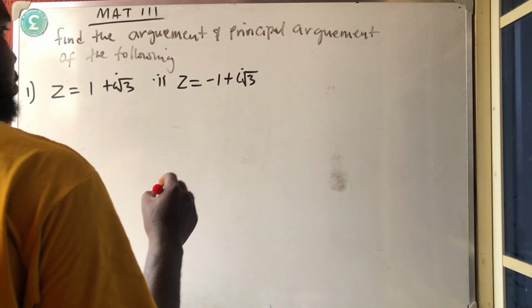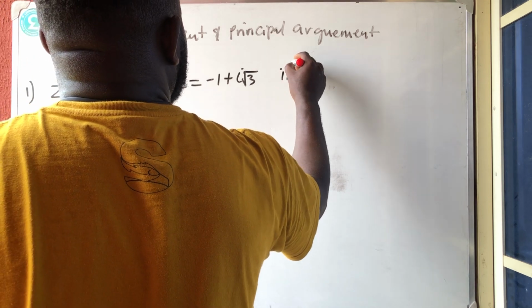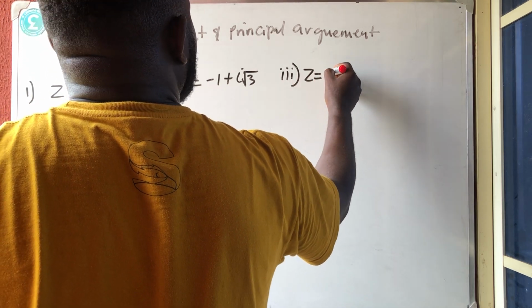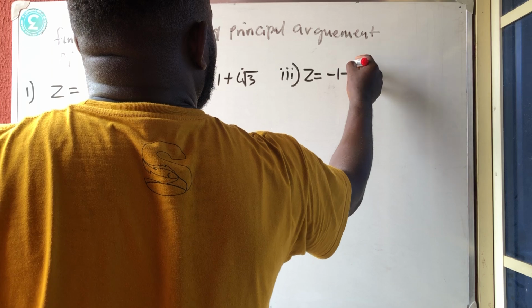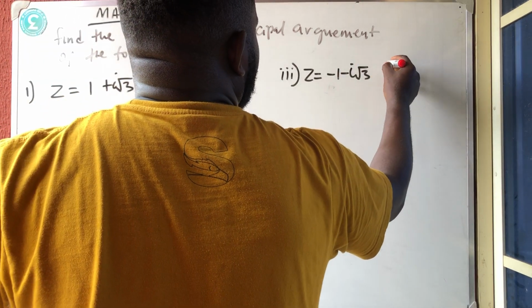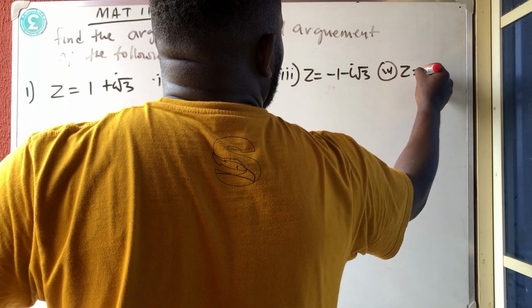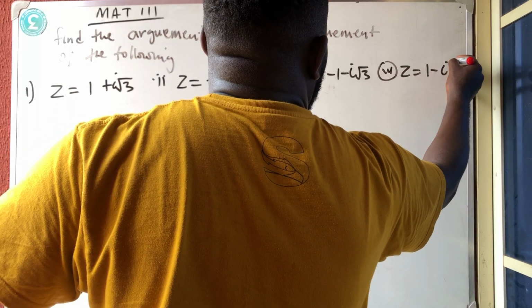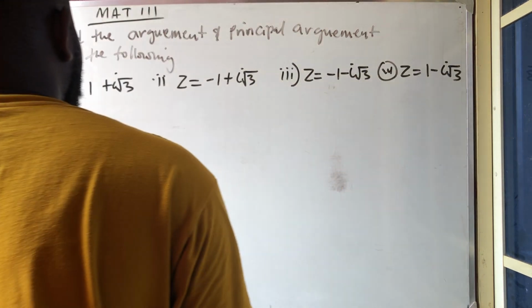I'm going to use the same question. Number three: z is equal to minus 1 minus i root 3, sorry. Number four: z is equal to 1 minus i root 3. Okay, so let us do that.